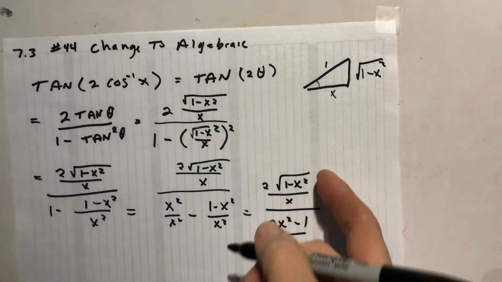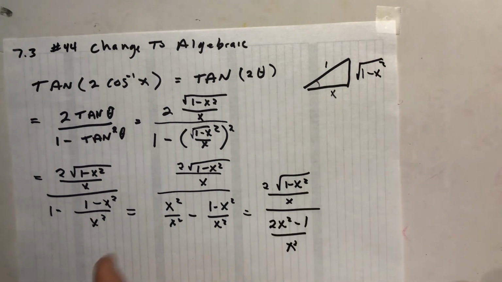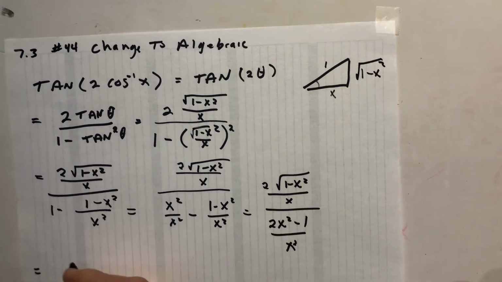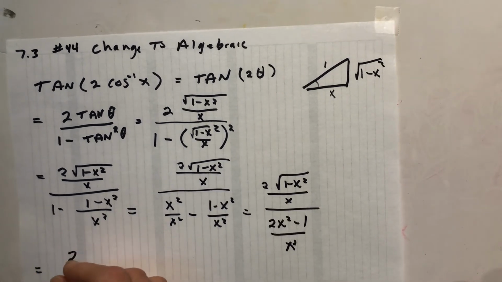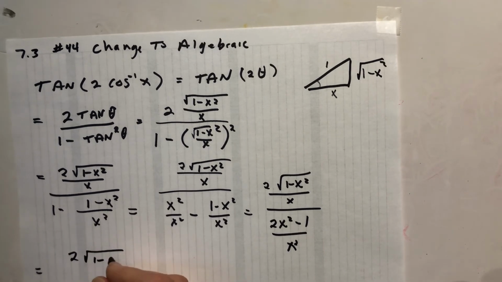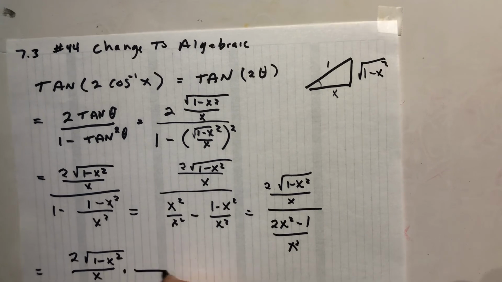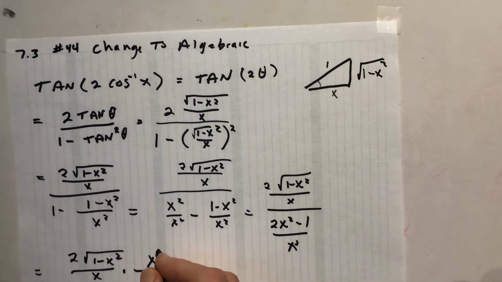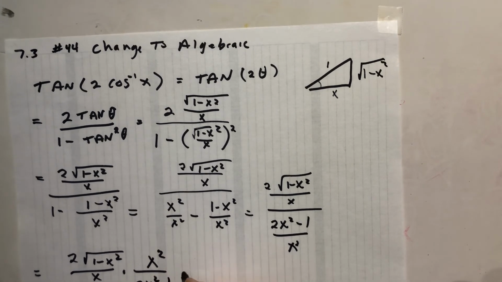Now, when we divide a fraction by a fraction, we flip the bottom one and then we multiply. So I'm going to come over here and do that. So the top one is still 2, 1 minus x squared times, I'm going to flip this one, x squared on top, 2x squared minus 1 on bottom.